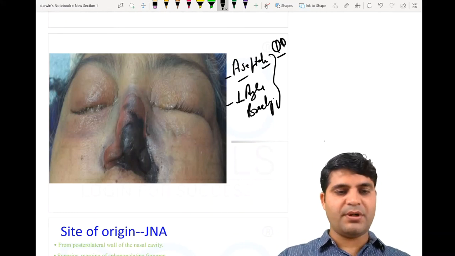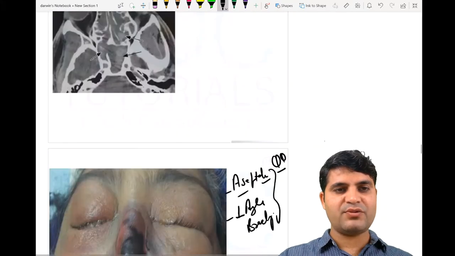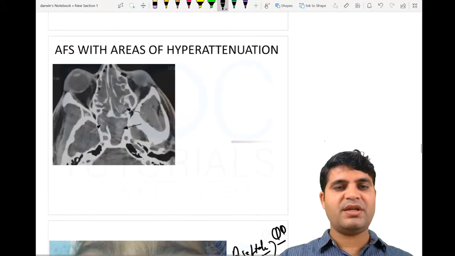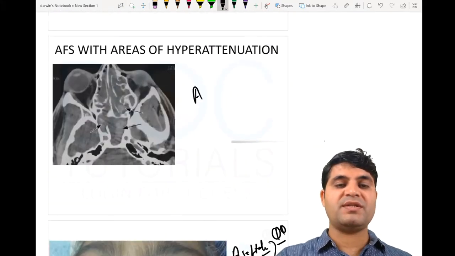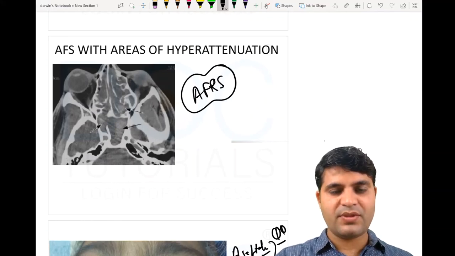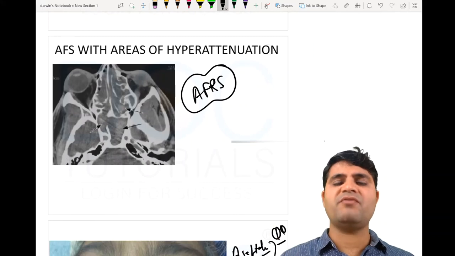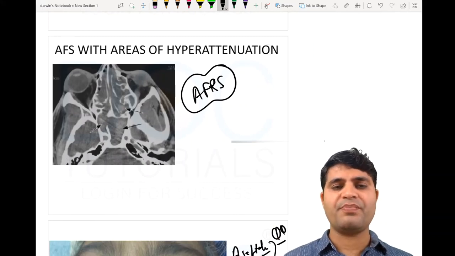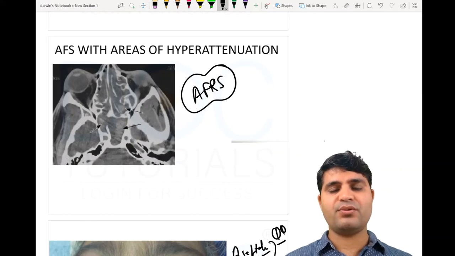So this is about fungal sinusitis also, and these are areas of hyperattenuation which are classically seen in AFRS. Clear? So all these videos we have uploaded on YouTube also, so you can see these videos. Clear? In the app also.